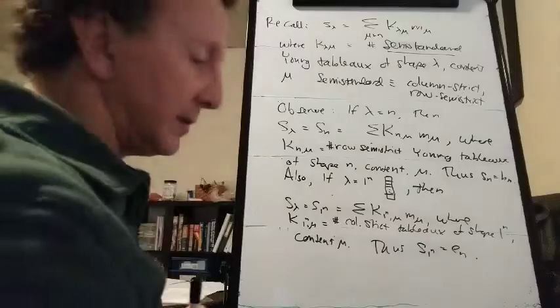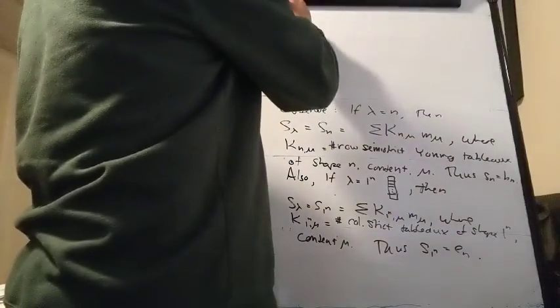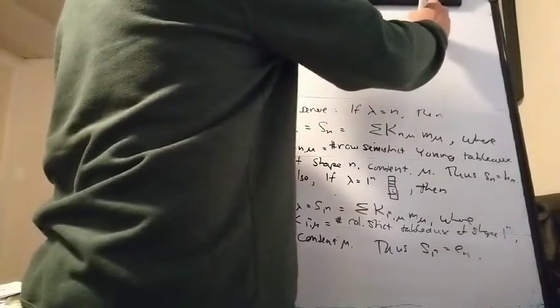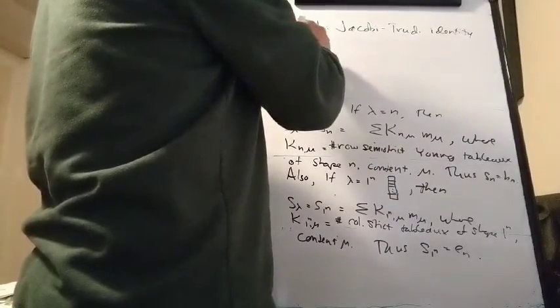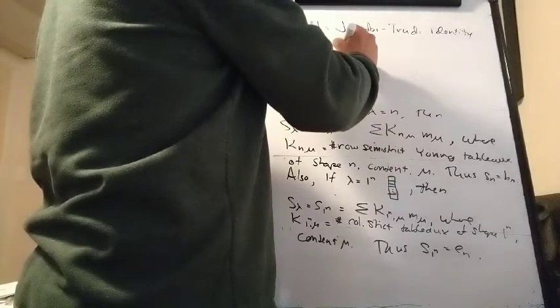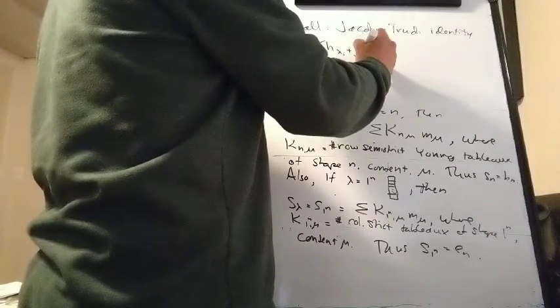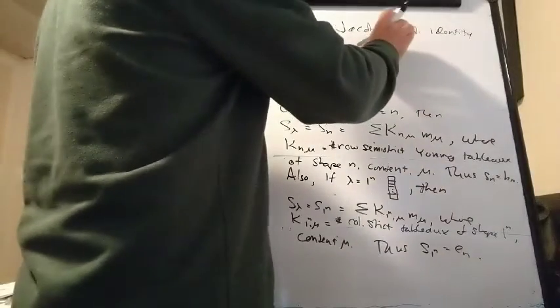Alright, now let's revisit the Jacobi-Trudi identity. So we defined H lambda to be the matrix that has h sub lambda 1, lambda 2, lambda 3, etc. on the diagonal, and then the indices increase as we go to the right in rows and decrease as we go to the left in rows.